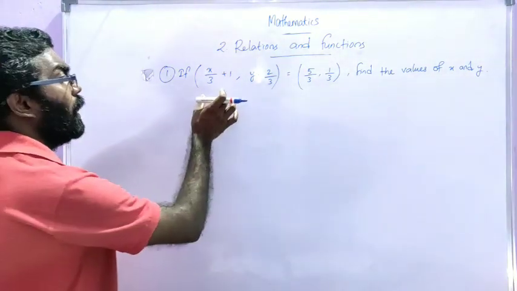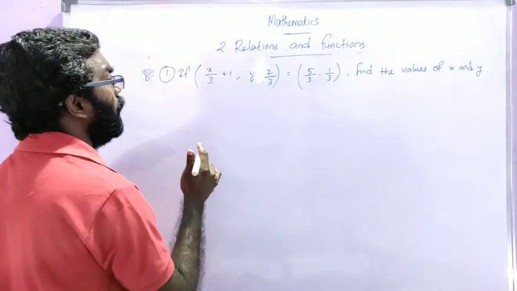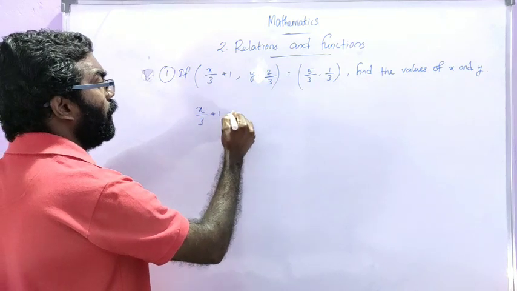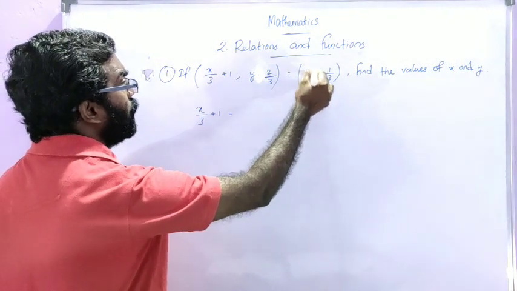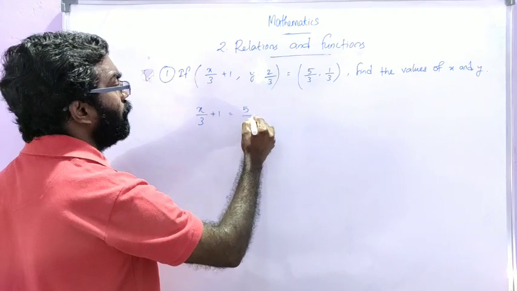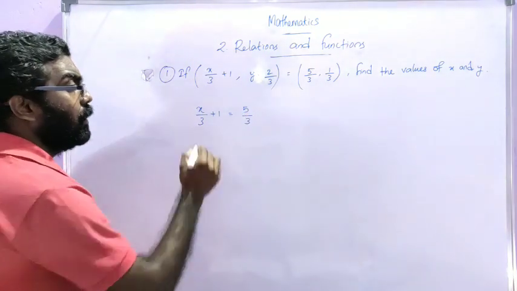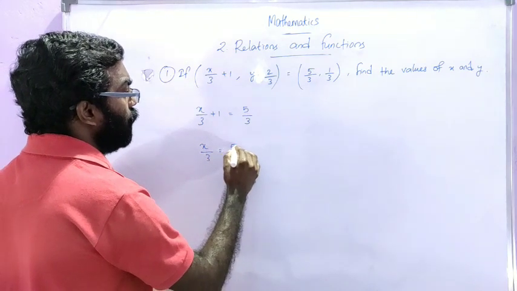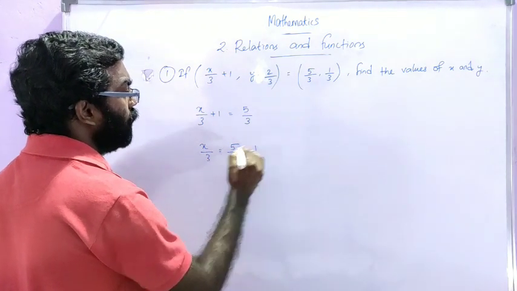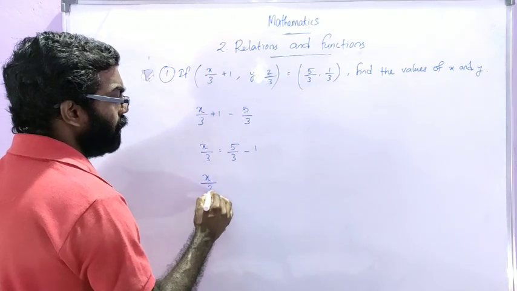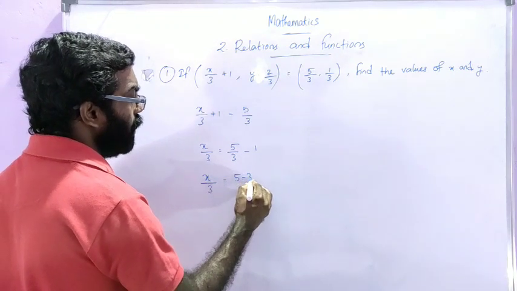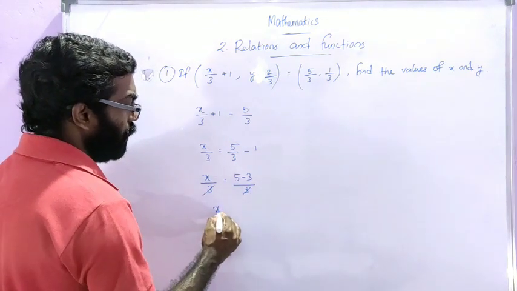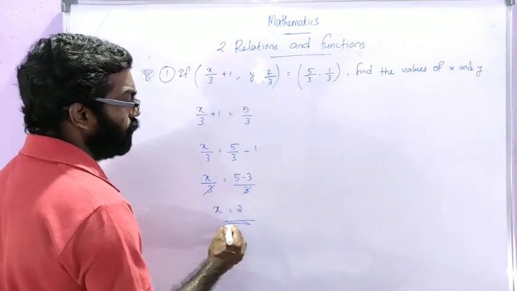So we can equate the corresponding first and second elements. Here the first element is x by 3 plus 1 and that will be equal to the corresponding first element, here 5 by 3. Now we can solve this. x by 3 is equal to 5 by 3 minus 1, or x by 3 is equal to (5 minus 3) divided by 3. This 3 and 3 we can cancel. x is equal to 2.